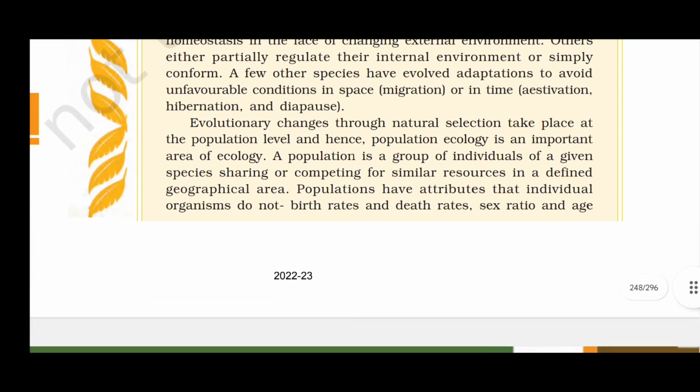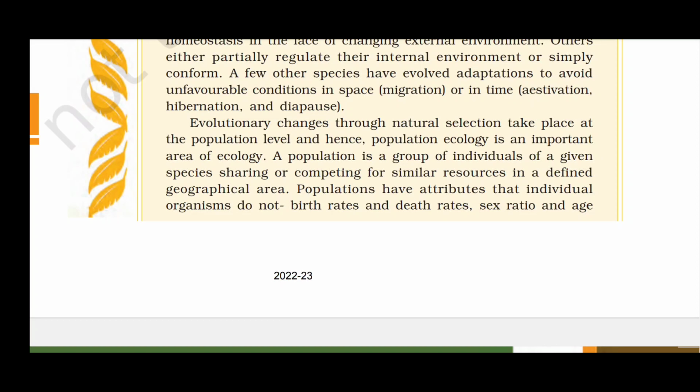Evolutionary changes through natural selection take place at the population level, and hence population ecology is an important area of ecology. A population is a group of individuals of a given species competing for similar resources in a defined geographical area.